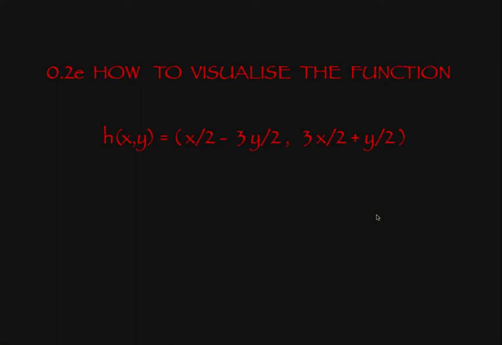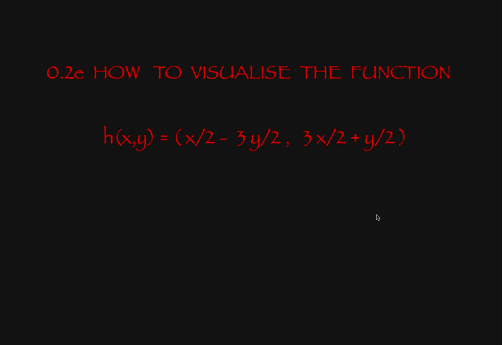In the last lecture of this series on visualization of functions, we will consider the following. h of (x, y) equals (x/2 − 3y/2, 3x/2 + y/2).